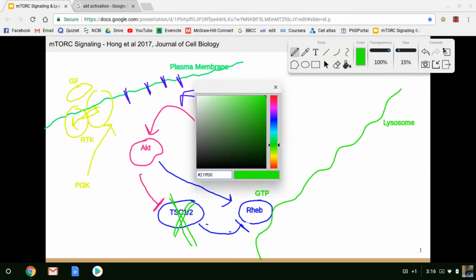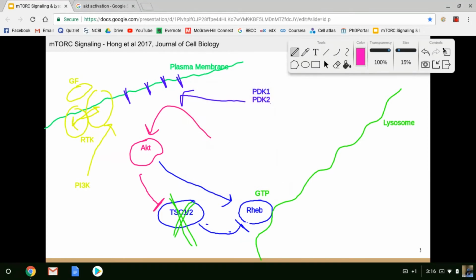And Rheb, when it's bound to GTP, can recruit some effector proteins. One of the effector proteins for Rheb-GTP is going to be mTORC, our critical protein. So mTORC is being recruited to the lysosome by Rheb. So Rheb, now when it's bound to GTP, is the reason mTORC is found at the lysosome.